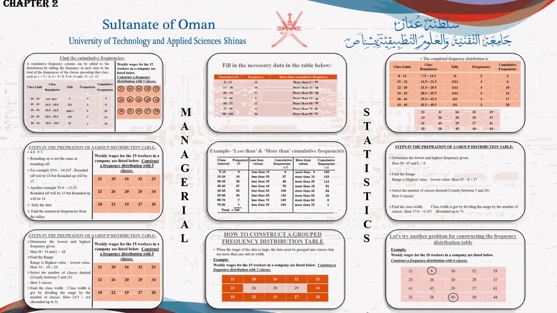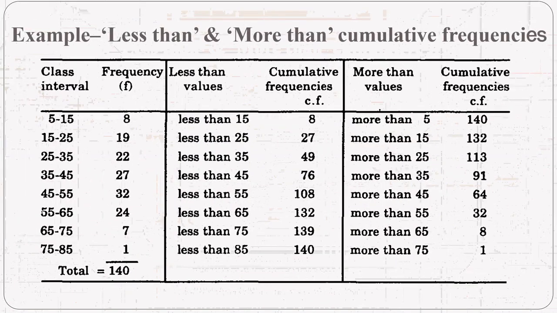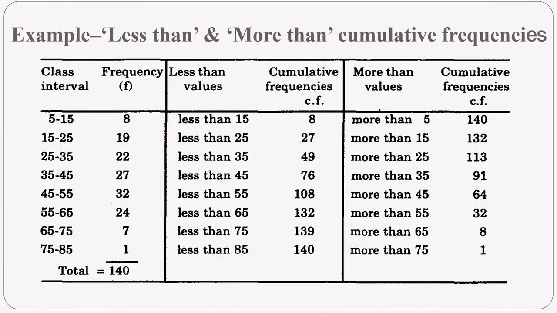Now, let me make you understand the difference between less than and more than cumulative frequency. Now, you can see less than values as I am rounding it, and you can see cumulative frequencies are given. In the less than method, we directly take the limit value, that is less than 15. So we take the same 8. What we do? We add 8 plus 19, right?